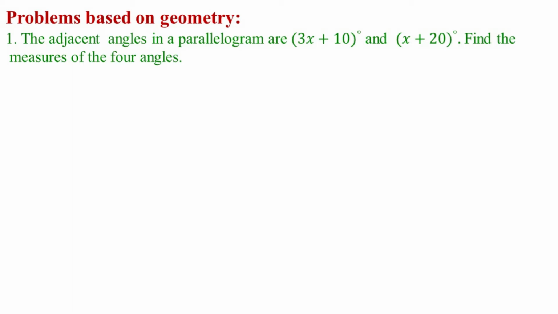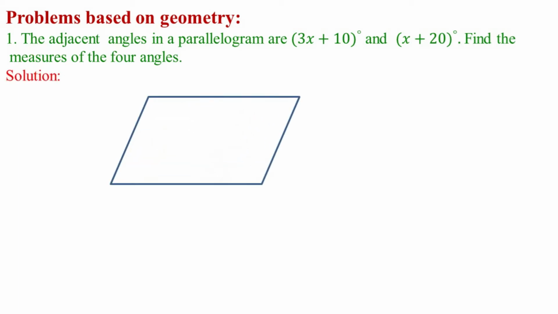Okay. Let us find the solution. This is the parallelogram where opposite sides are equal and opposite angles are equal. Let us name the vertices A, B, C, D. According to the question, angle A is 3x plus 10 degree.